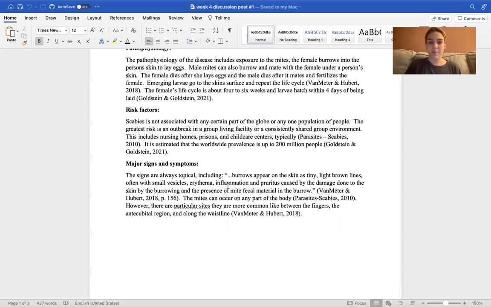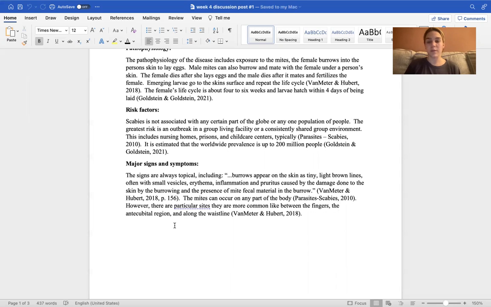Risk factors for scabies are pretty global and not seen in any one particular population necessarily. However, living in a group facility, or a shared environment, consistently puts you at higher risk for scabies if there is an outbreak.